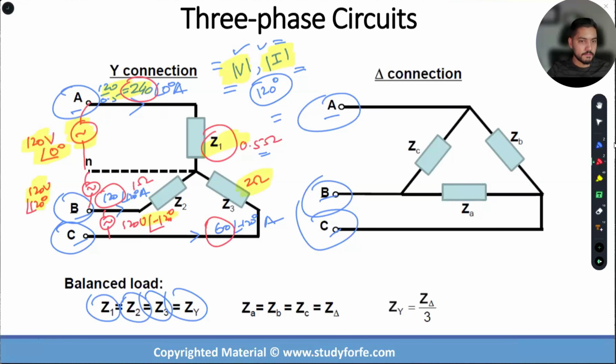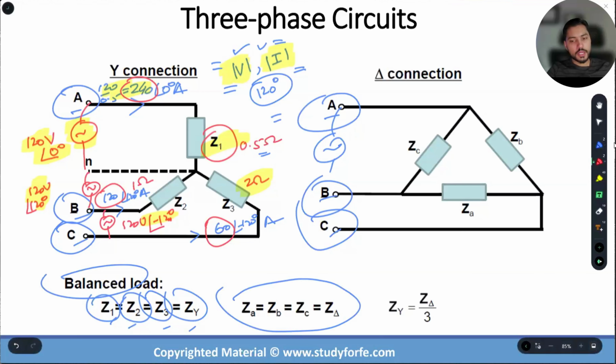Is it making sense? This is the level 3 understanding that you must have for three-phase circuits, three-phase systems. The same can be said for the delta network. Balanced load requires all three impedances to be equal, both in terms of delta and Y.